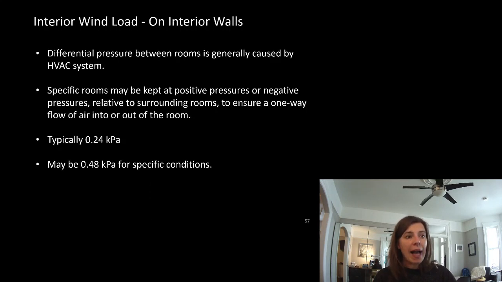We also have mechanical wind pressures that we might have to worry about. So often we'll have negative pressurized zones to extract air in a particular zone or to deal with heating. We might pressurize a zone of a building.